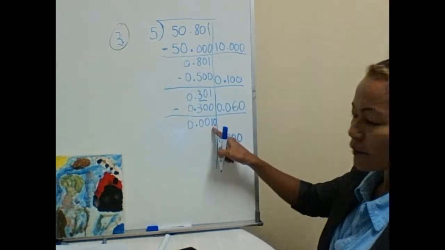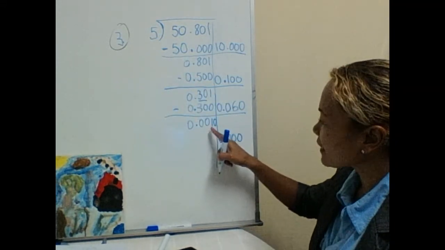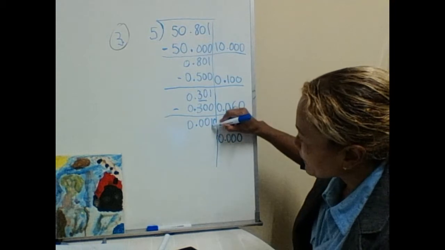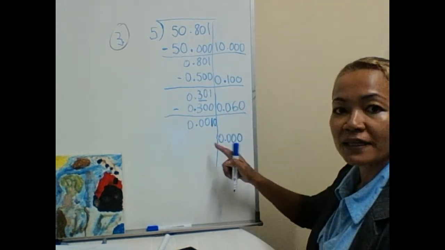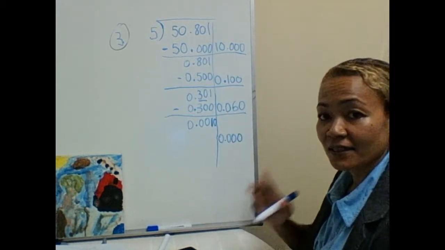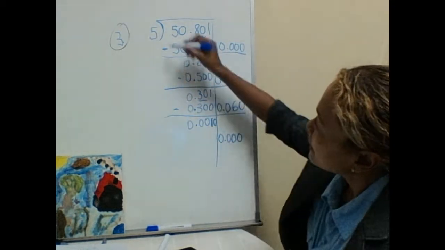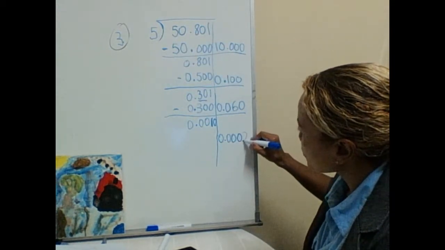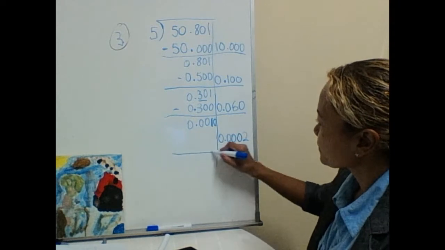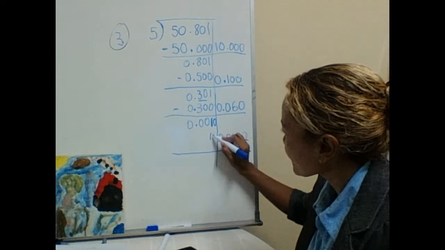Does 5 go into 10? We know 5 didn't go into 1, but does 5 go into 10? Yes. 2 times. 5 2s are 10.